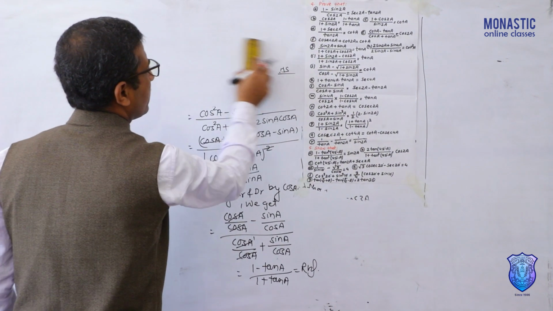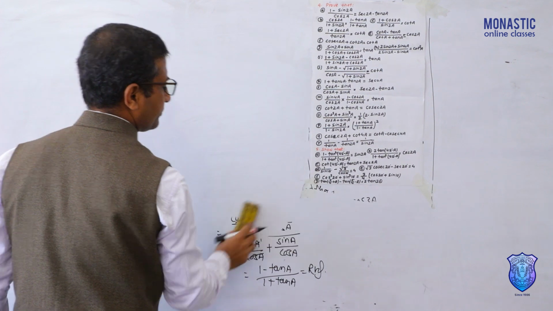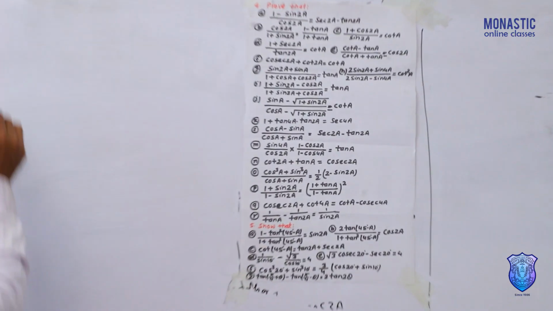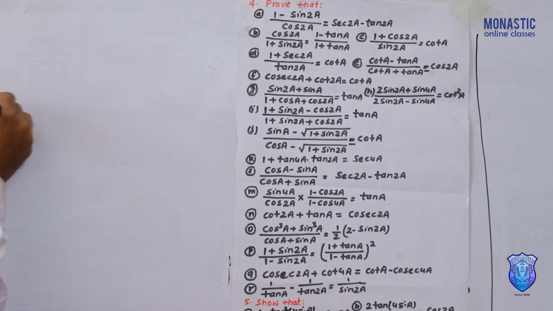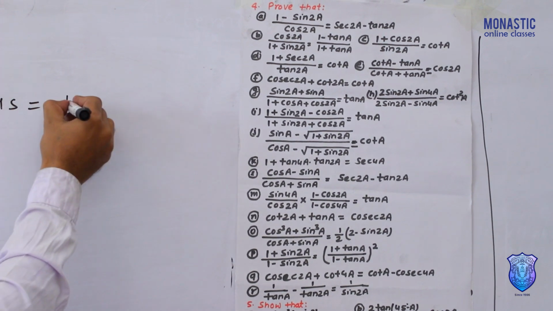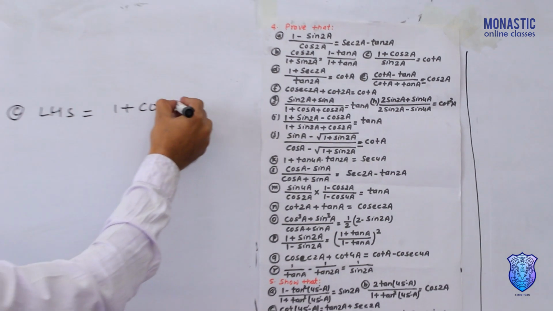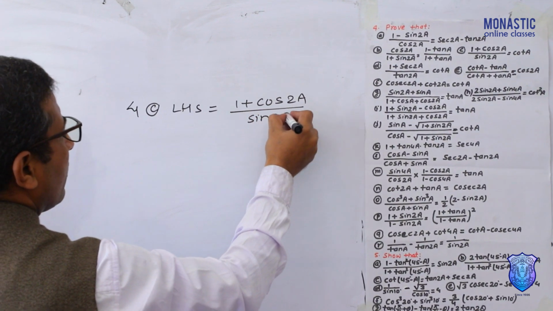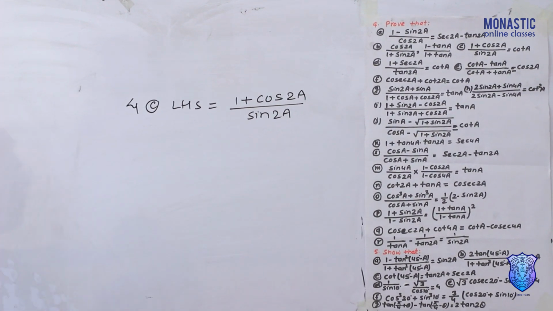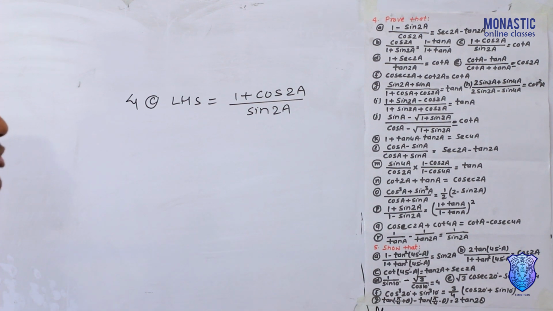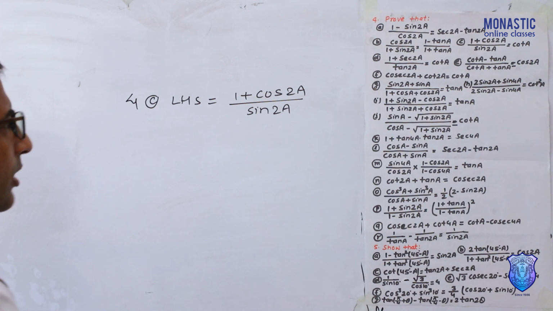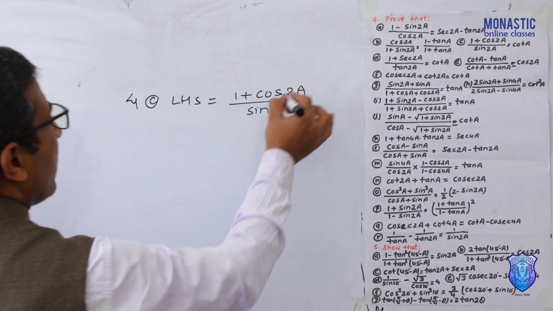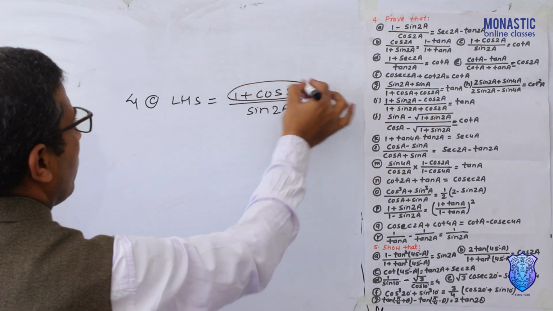Now come to question number C. Question number 4C, LHS is 1 plus cos 2A by sin 2A. We have formulas of cos 2A and sin 2A in terms of tan. We can put those, then we can solve, but that will be longer. We have a direct formula for this whole.